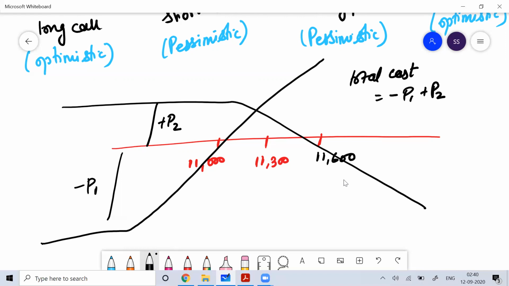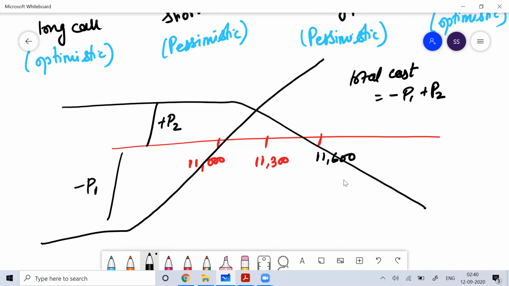Ultimately, what you did is reduce your cost because you took a long call and a short call. Because you paid P1 and you received P2, your total cost becomes P1 minus P2.